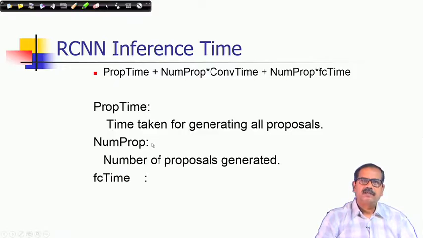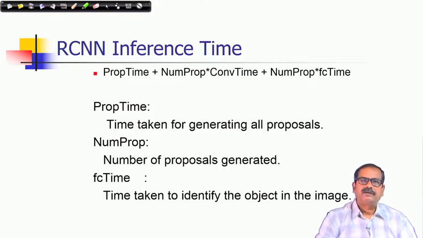So, it is the number of proposals times the time taken for computing features using the CNN. And finally, each one once again has to be classified. So, there is a classification time, and the time taken to identify the object in the image. So, this is the total inference time if I consider it for RCNN.